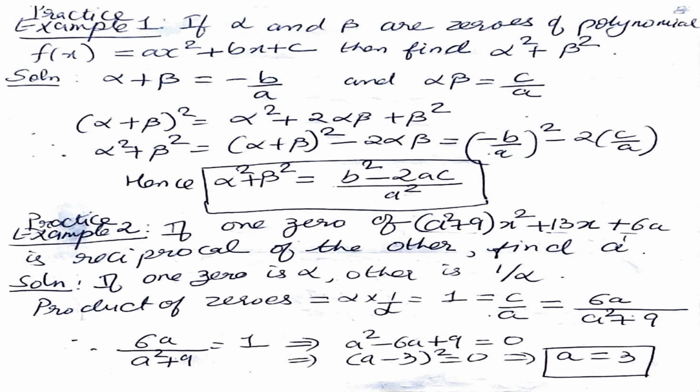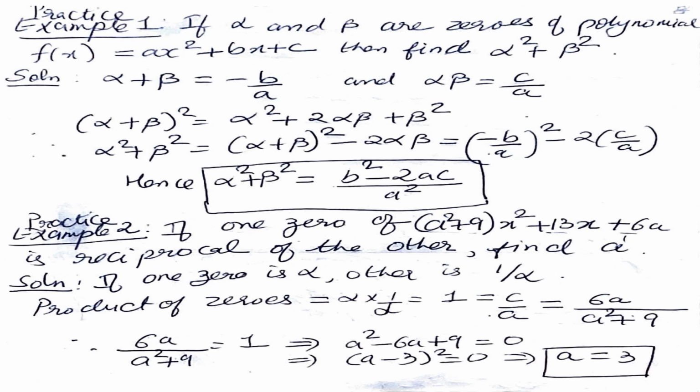Second example. If one zero of the quadratic polynomial (a square plus 9) x square plus 13x plus 6a is the reciprocal of the other zero, then find a. Now suppose one of the zeros is alpha, the other one will be the reciprocal, which is 1 by alpha.